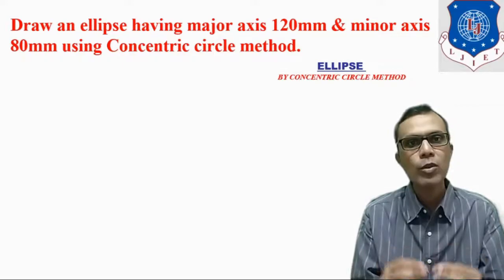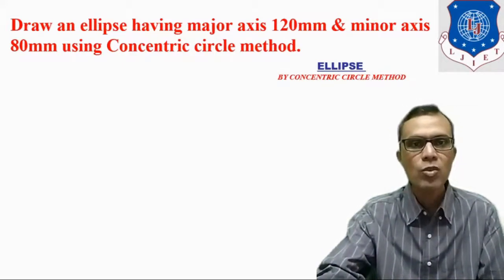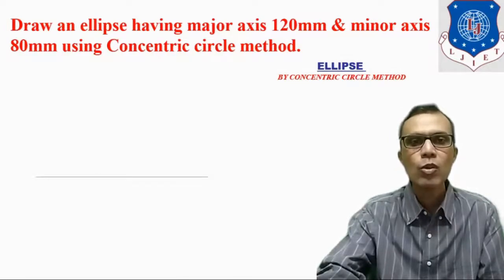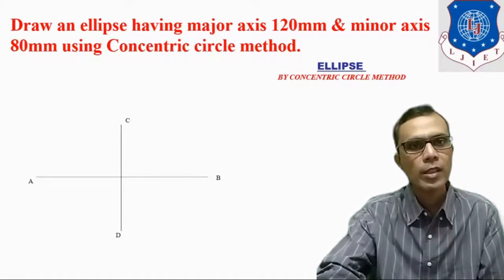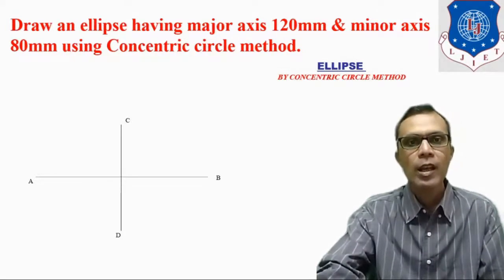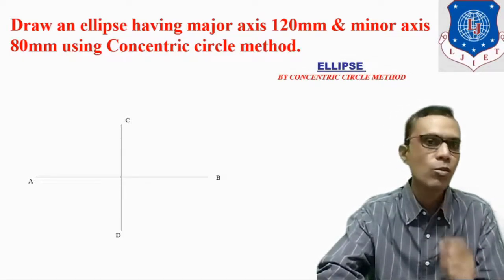So we are going to use two concentric circles to draw the given ellipse. First of all, let us draw two axes, major and minor axis AB and CD, mutually perpendicular to each other with the given dimensions. The intersecting point of both of these axes is the common center point to draw the ellipse.